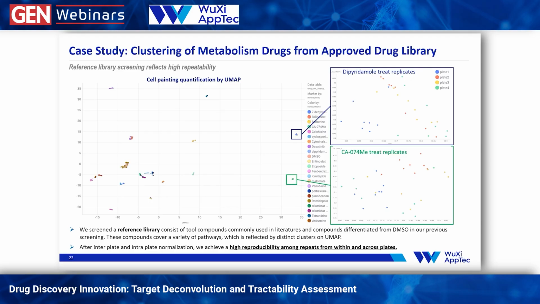On this slide, we can take a look at the blue box and the green box. Basically, we're using two different compound treatments, and four different plates for the same compound. We do these experiments in different batches, on different days, and after the cell painting experiments, we use UMAP to analyze the image features and do some clustering.